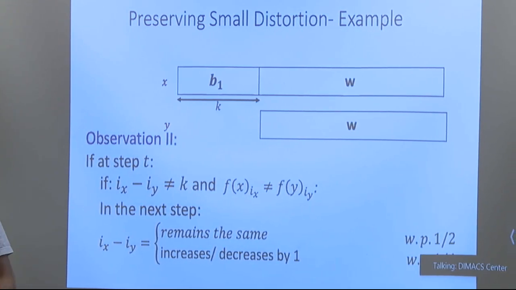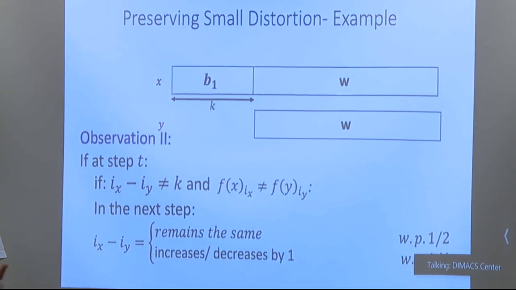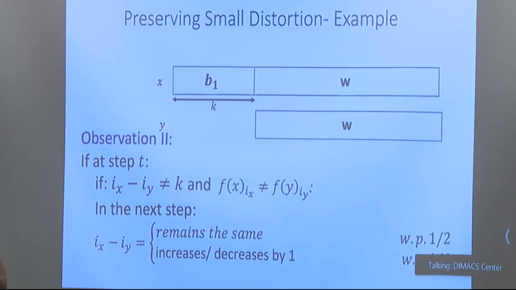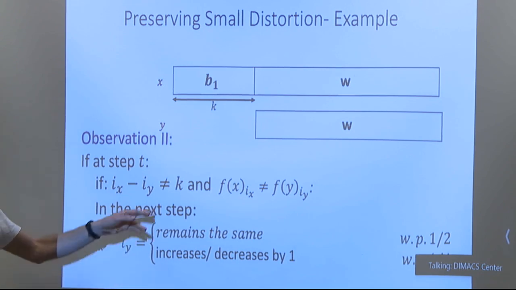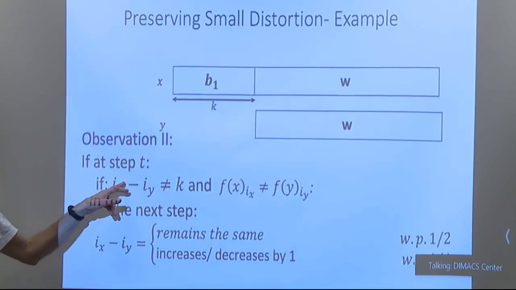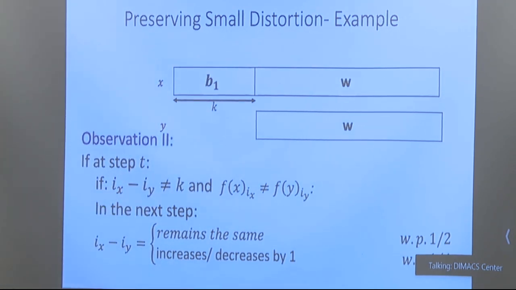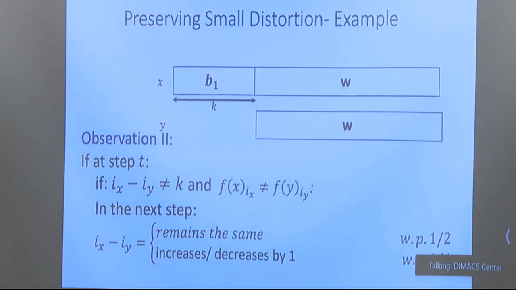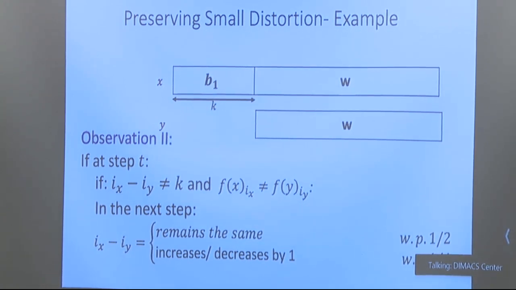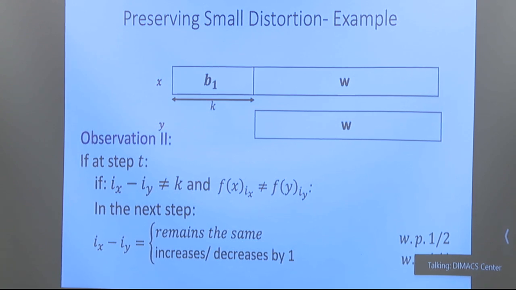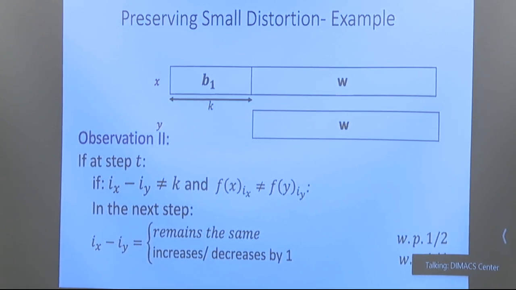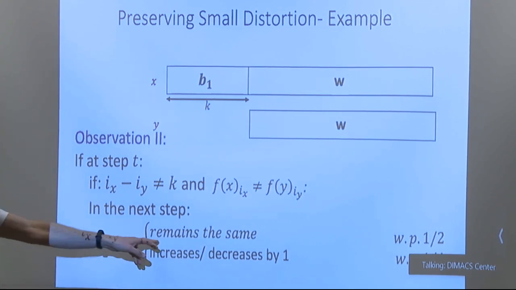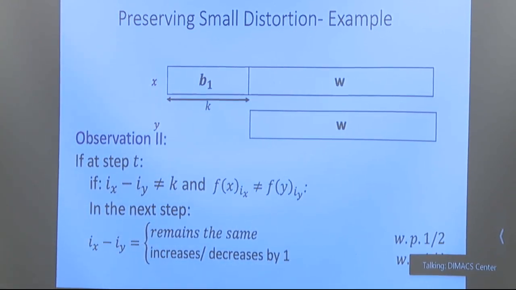A mismatch is maybe not a good thing, but then a good thing happens. If we look at what happens to the difference between I of x and I of y in the next step, it behaves exactly as a random walk. Since we increment I of x and I of y in such a case independently, with probability half it remains the same, and with probability half it goes either to the left or to the right.